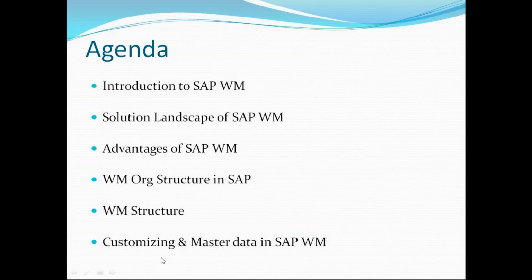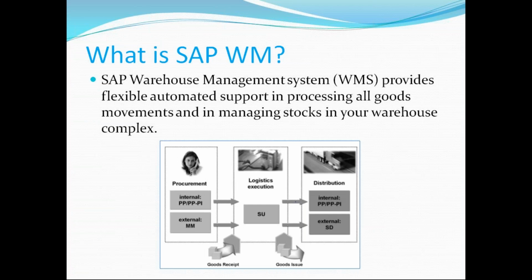Moving on to the SAP warehouse management system. What do you mean by SAP warehouse management system? SAP warehouse management system provides flexible, automated support in processing all goods movement and in managing stocks in your warehouse complex.